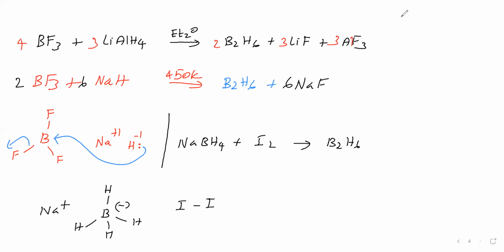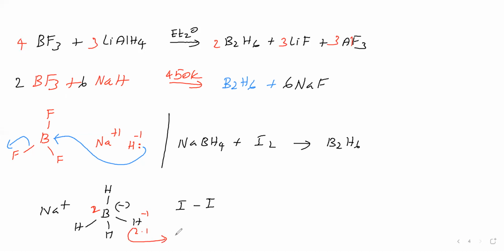Here what happens is, in this diborane, boron electronegativity is 2 and hydrogen is 2.1. Therefore, the oxidation number is -1 for hydrogen.